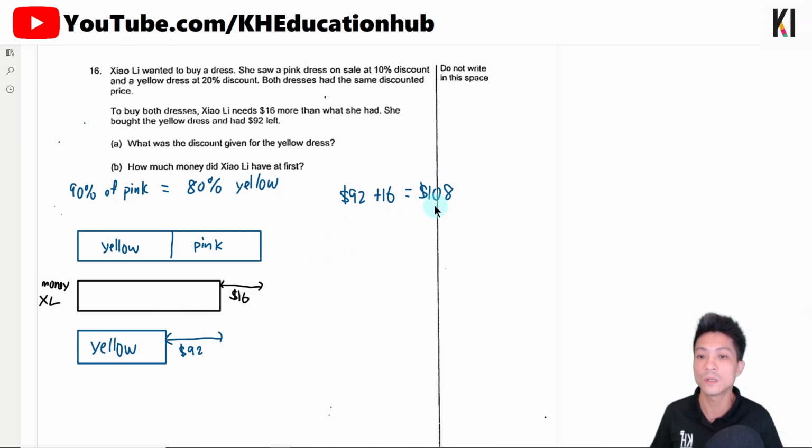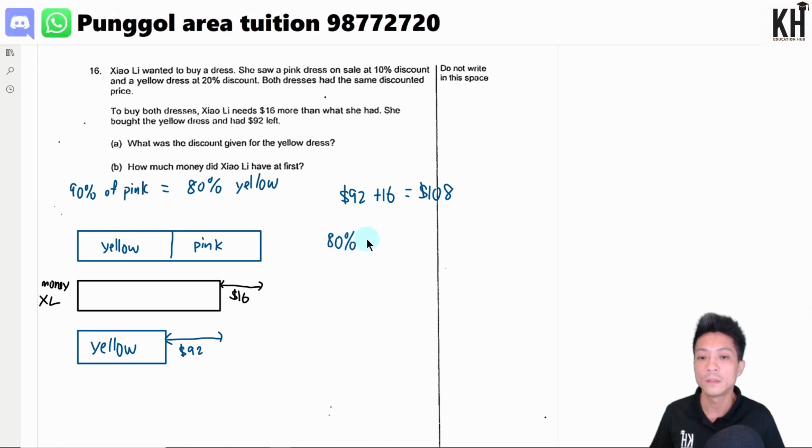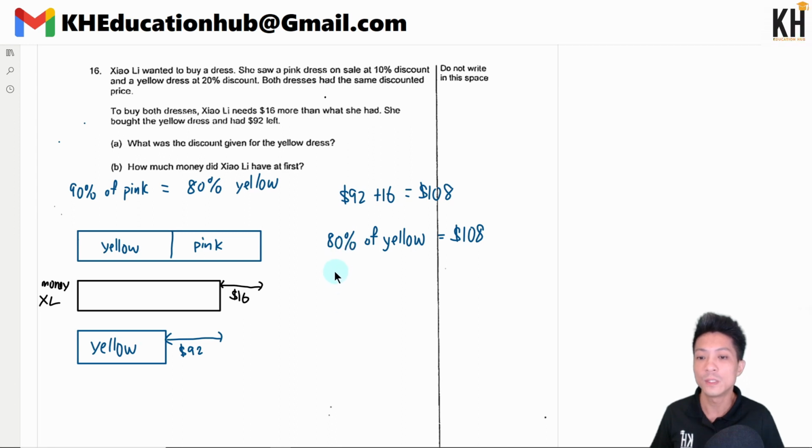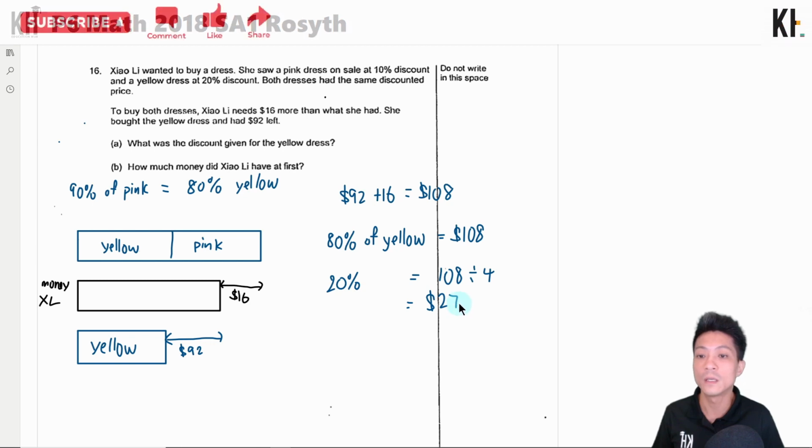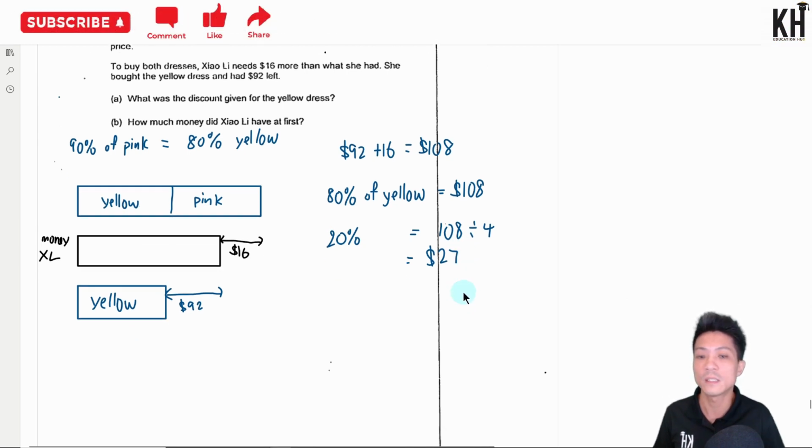Okay, so this is also the cost of the yellow dress. That means 80% of yellow is equals to 108, right? So since the discount is 20%, that means I want to find 20%. You'll be equal to 108 divided by 4. Okay, the discount given for the yellow dress is $27. Okay, so this is for part A.